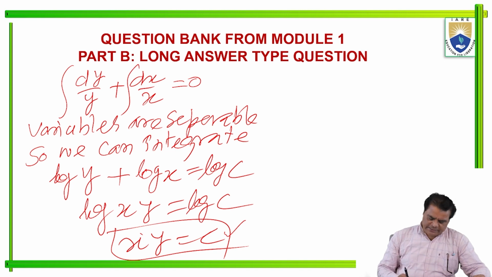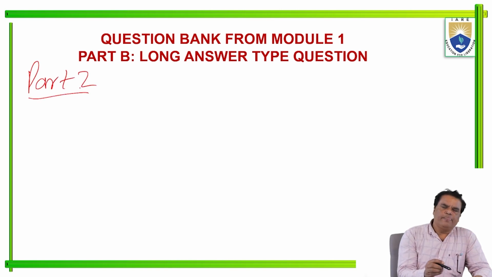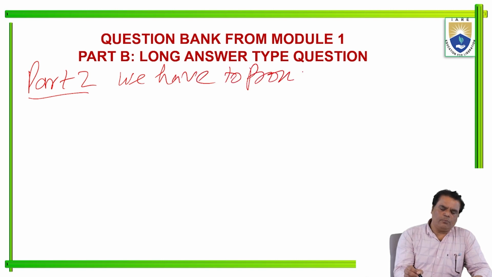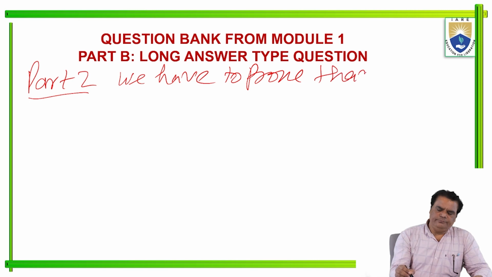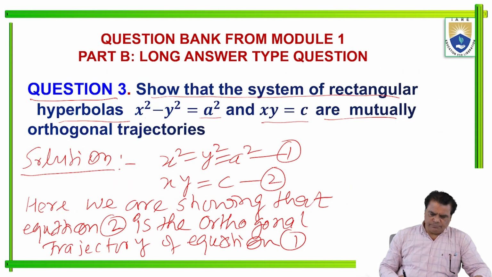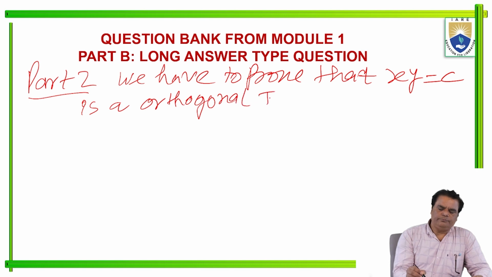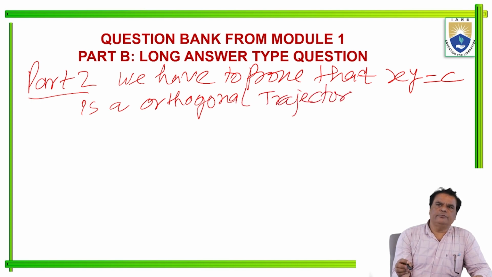Okay. Now next, part 2, we have to prove that xy equal to c is an orthogonal trajectory of curve 1.